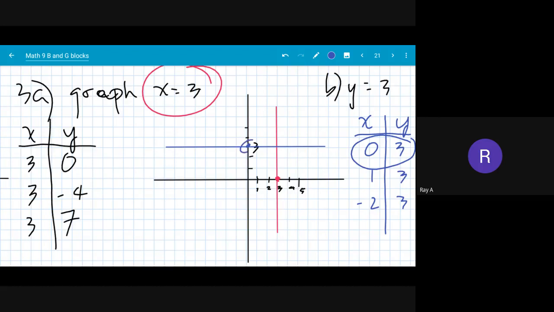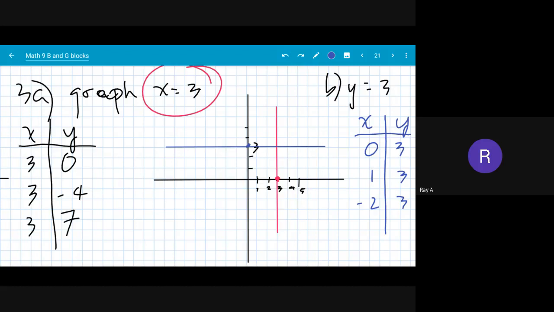Right here. If your x is 1, y is 3, where is it going to be? Right here. If x is -2, y is 3, where's that going to be? Right here.